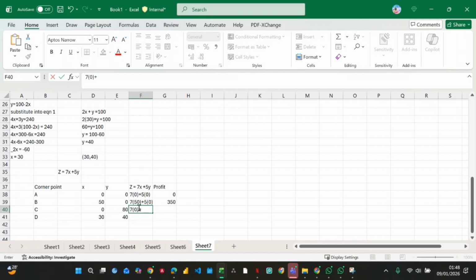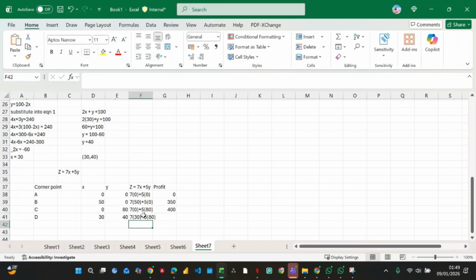350. Okay. So this one is going to be 7 into 0 plus 5 into 80. So that will be 40.